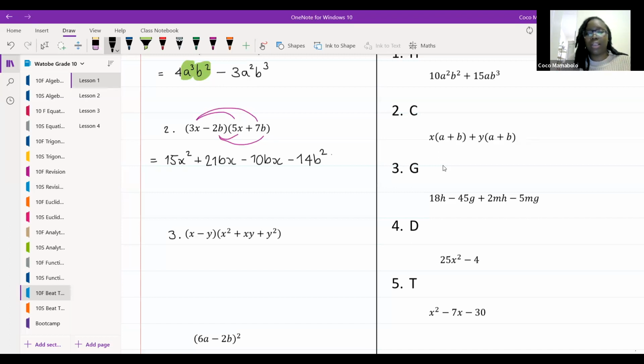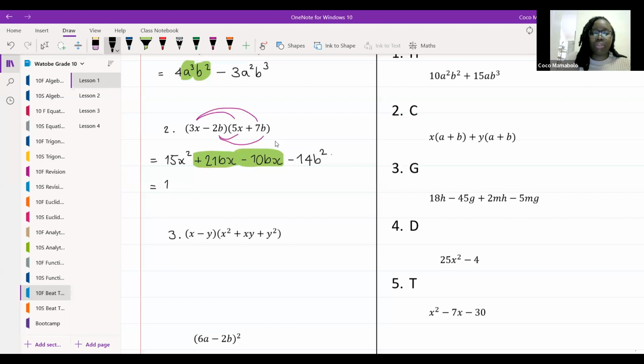Now, what do I still need to do, guys? I know, Lwazi, no worries. What do I still need to do, everyone? Good. Minus, what am I minusing? That's it, Nkechi. I am subtracting or adding like terms. Good. And I do have like terms in this particular question: 21bx minus 10bx.